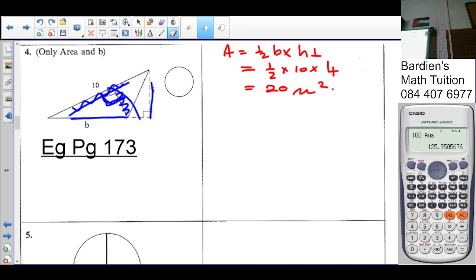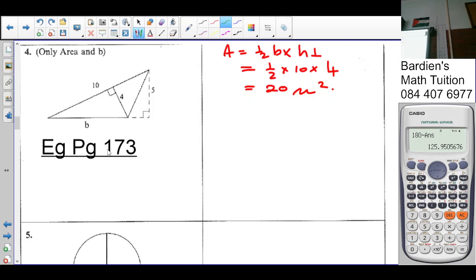But that is going to come into play now, because they ask you to calculate B. So what formula can we set up for B? Also area formula. Area is going to be half your base times the perpendicular.